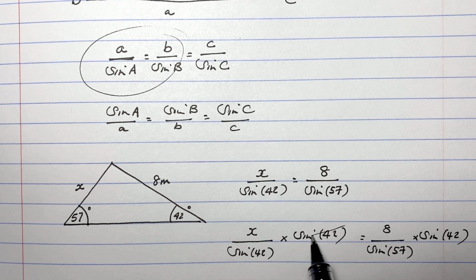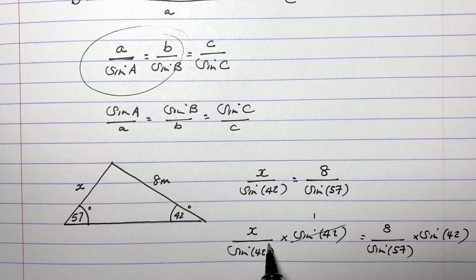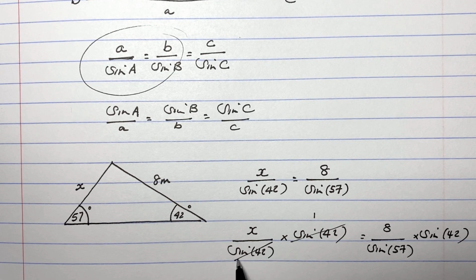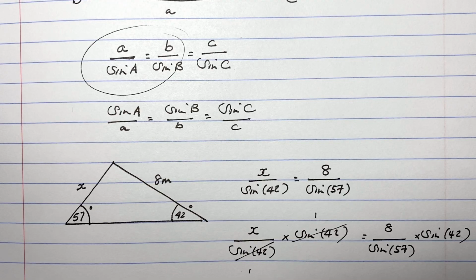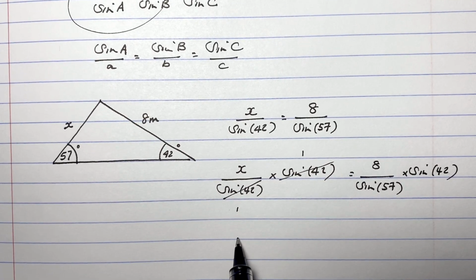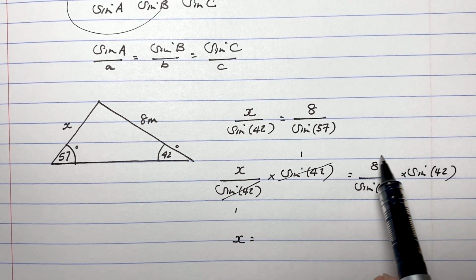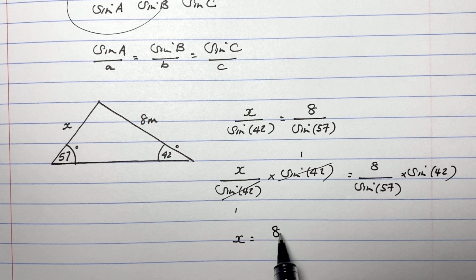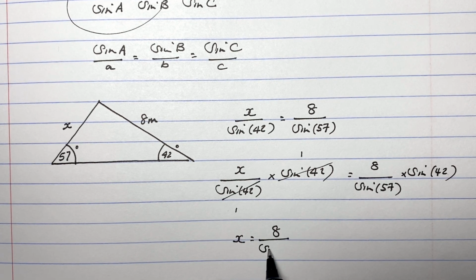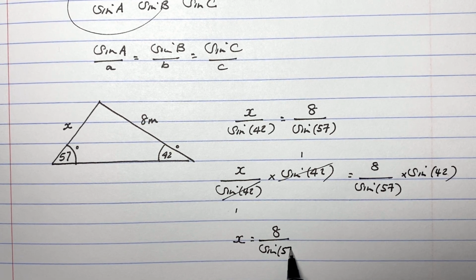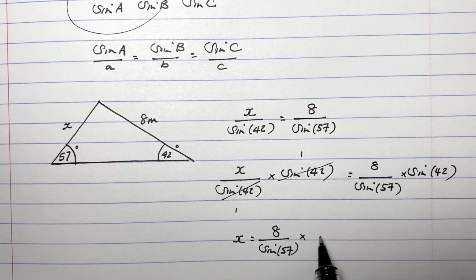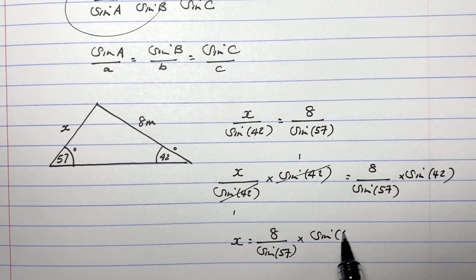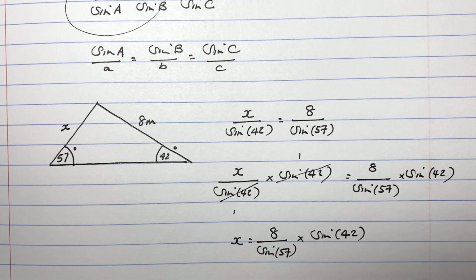What happens here? Sine of 42 from the numerator and denominator cancels, and x can now be found by entering this number. I write it again: 8 over sine of 57 times sine of 42.